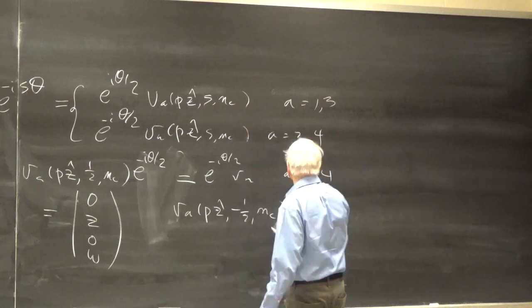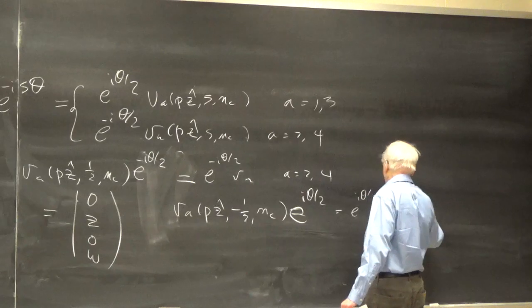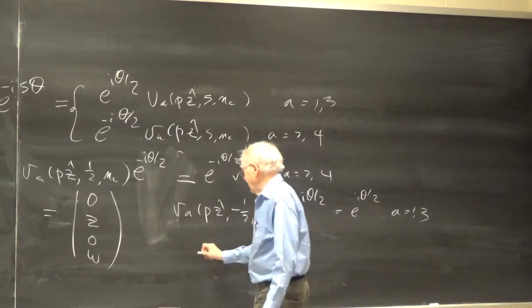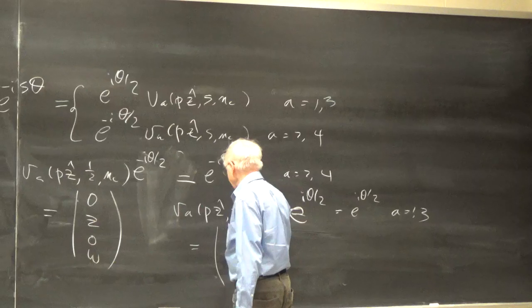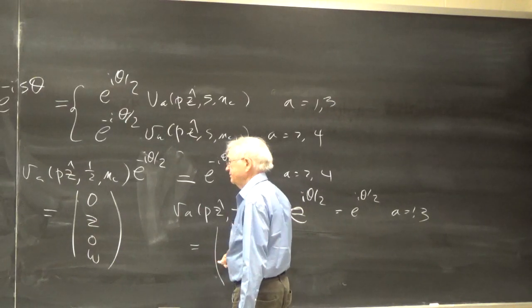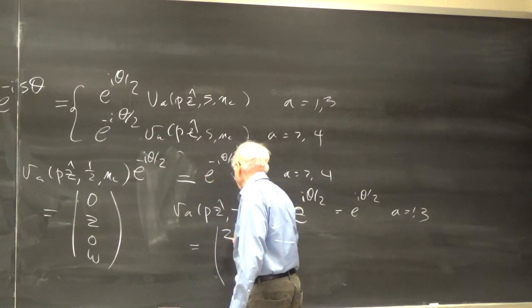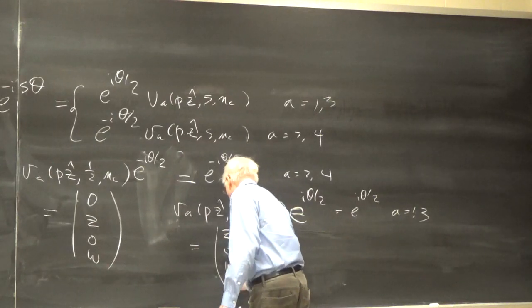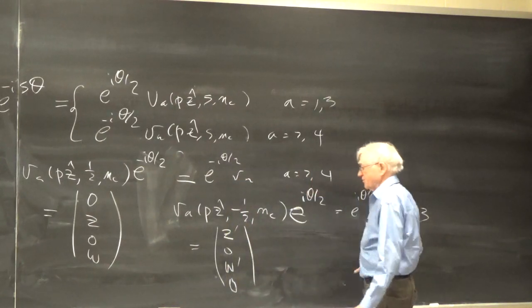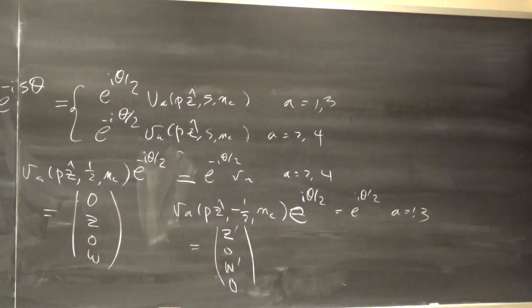And you only get that for a equal to 1, 3. So that means that for minus a half, this spinor has to look like this. It has to be z prime, 0, w prime, 0. In other words, it has to be just 1, 3. So in other words, the rules for the spinors in the z direction are opposite for the v's.